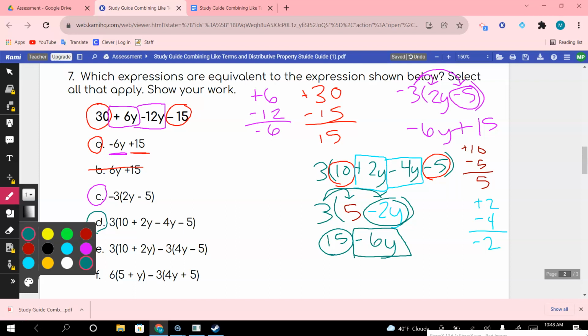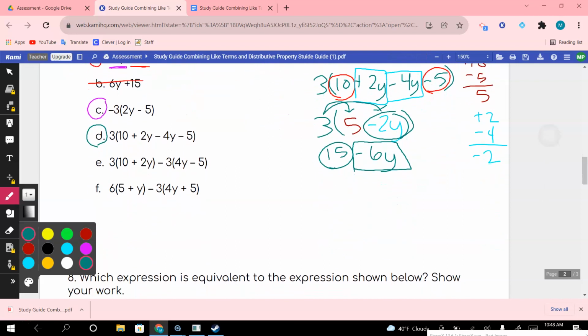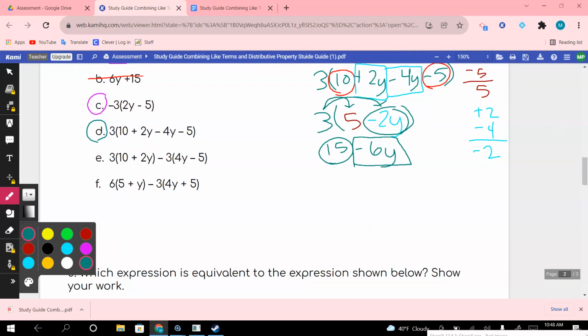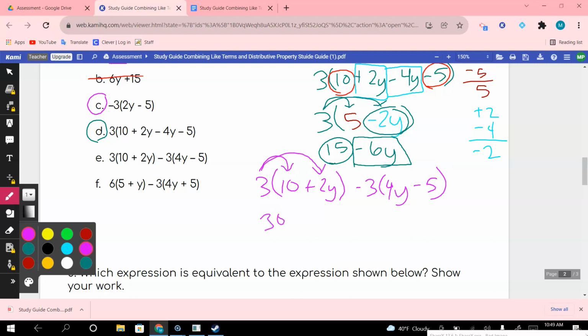Okay. E, nothing in the parentheses is alike, so we cannot combine them, so we just can do the distributive property to start out, so 3 times 10 is 30. 3 times positive 2y is a positive 6y.